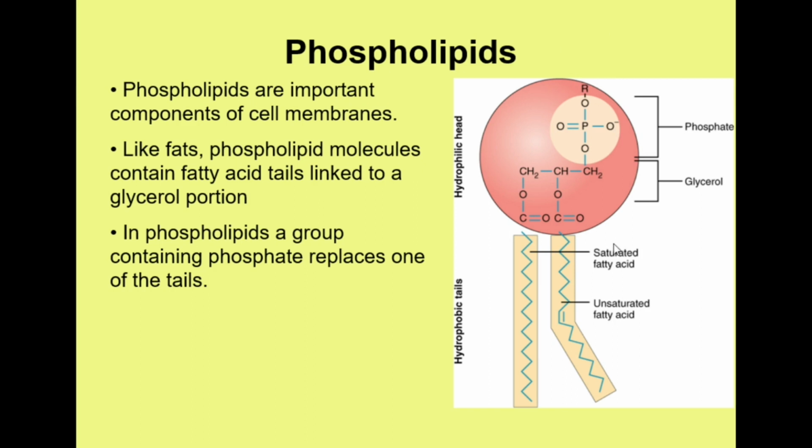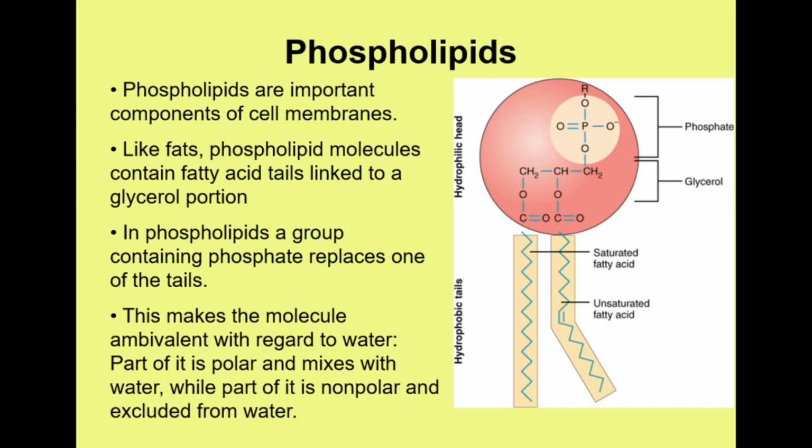The main bit here is that a phospholipid is made up of a glycerol, two fatty acids, and instead of the third fatty acid that would give us a triglyceride, we have a phosphate group attached to the glycerol molecule instead.